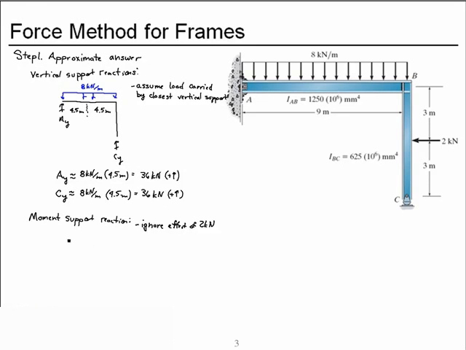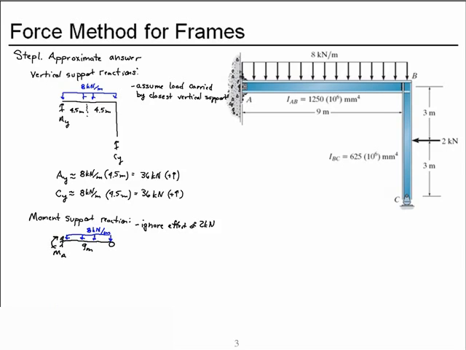And so let's just idealize our frame as fixed at one end, roller support at the other end, with a uniform distributed load and a 9-meter length. We know we have a moment reaction at A.